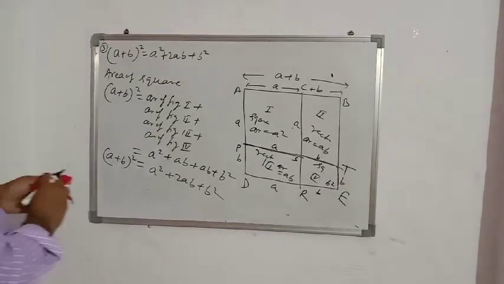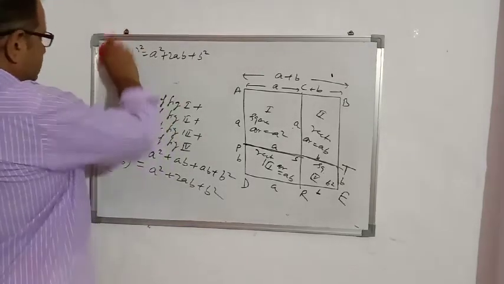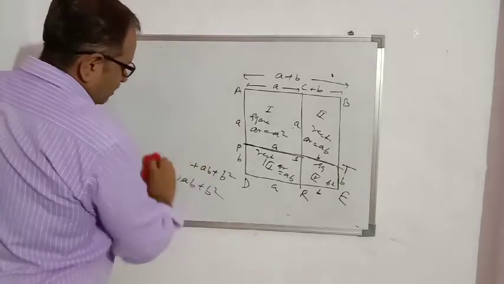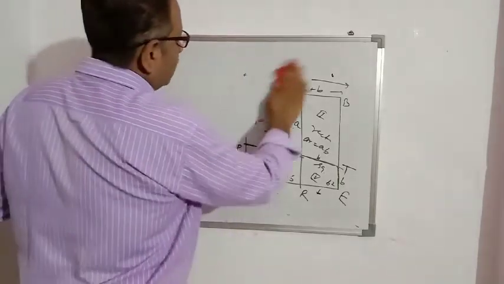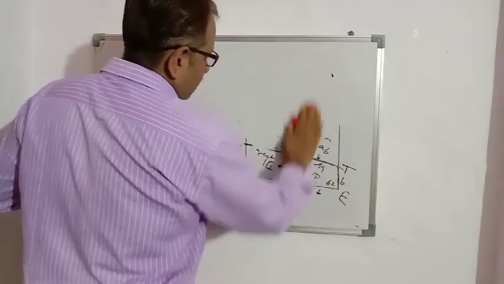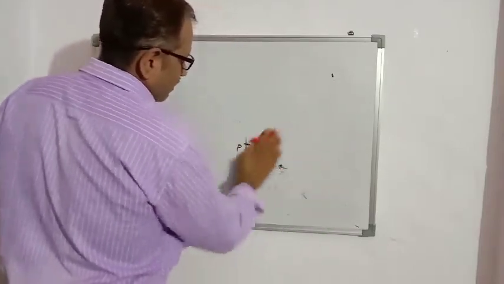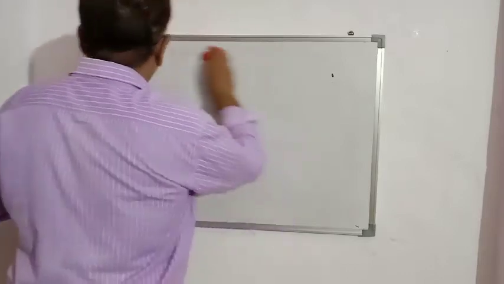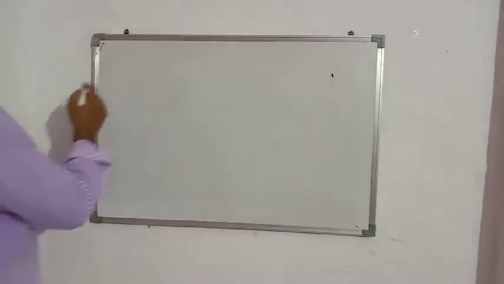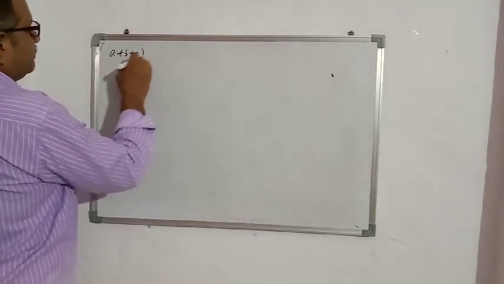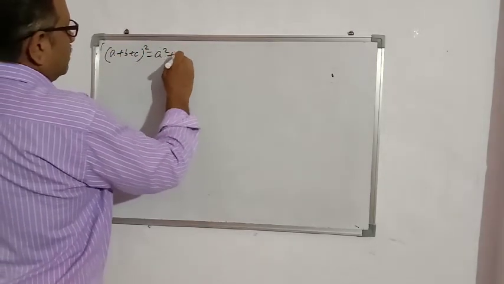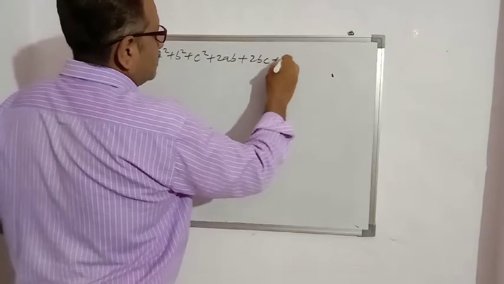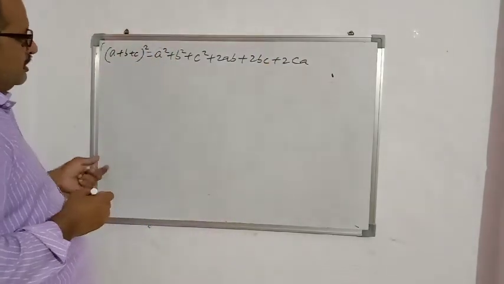So see the next one, A plus B plus C whole square, it is A square plus B square plus C square plus 2AB plus 2BC plus 2CA.